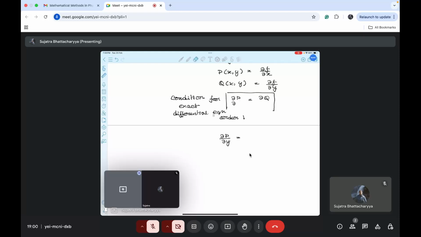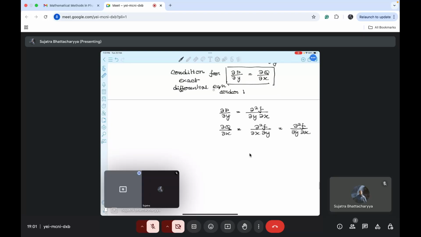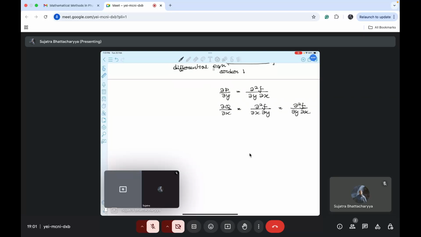It will be delta p by delta y and this will be delta q by delta x. So how is it happening? Delta p by delta y can be written as delta square f by delta y delta x. Delta q by delta x is delta square f by delta x delta y, and we can flip it, delta square f by delta y delta x. It's the same, so that's why we can write. Fine. So this is one of the ways to write.